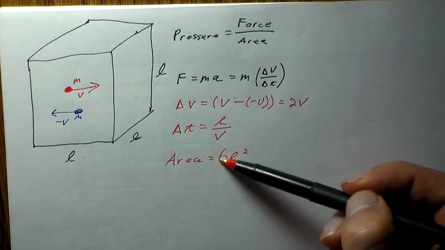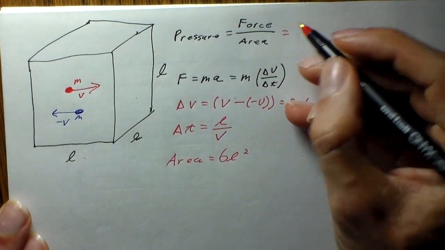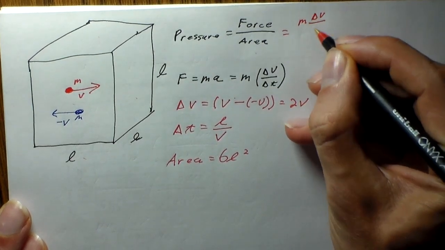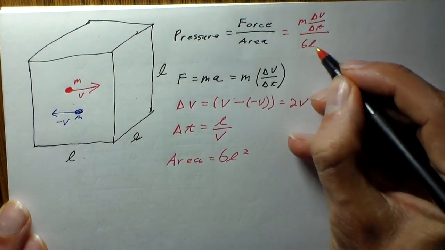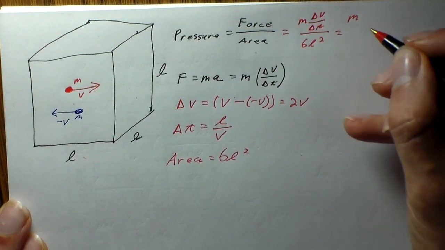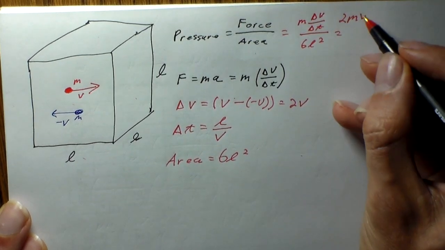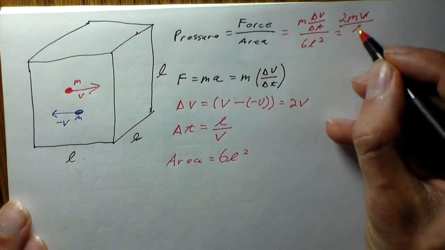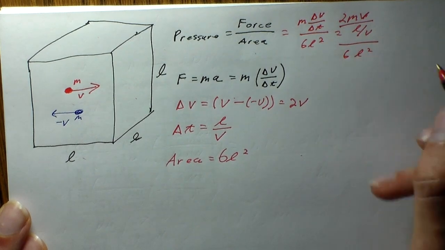Now we can take this information we have and plug that into there. So this is going to be my force, which is just going to be my m delta v over delta t, over my area, which we just said was 6L squared. So let's plug in my delta v and my delta t there. So that's going to be m times 2v, so that's the 2v there, divided by my delta t, so that's going to be L over v, and then divide that by my 6L squared.